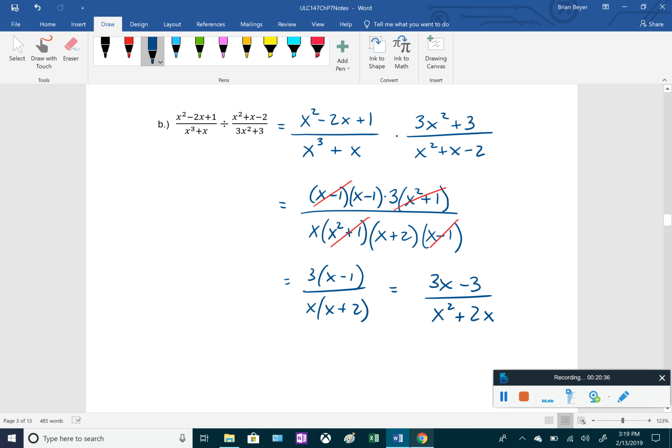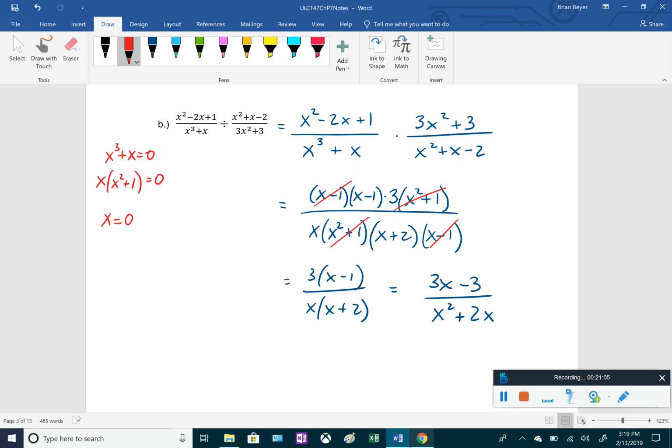And let's see what we have to omit here. So x cubed plus x. If that equals 0, we factored it and said it was x times x squared plus 1. So from that, either x equals 0 or x squared plus 1 equals 0. x squared plus 1 is never going to equal 0 because it's always going to make the number positive, and then it's going to add 1 to it, so it's never going to be 0.